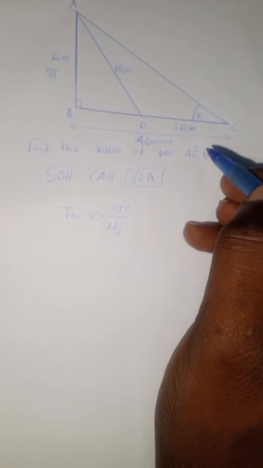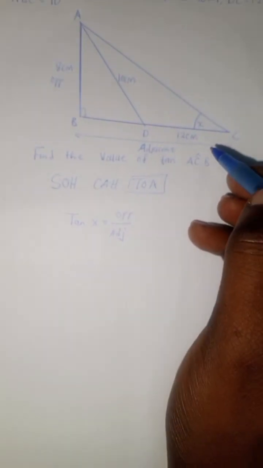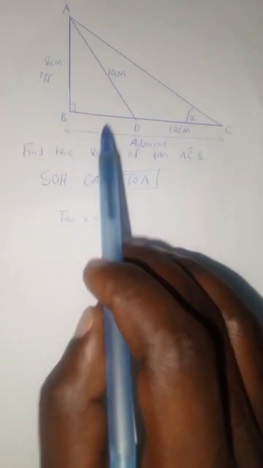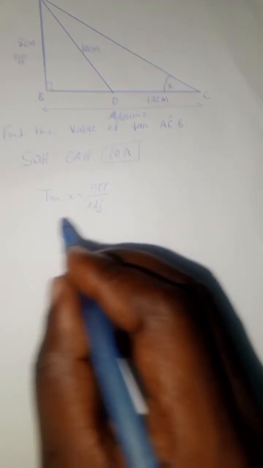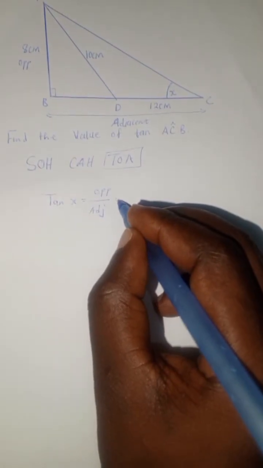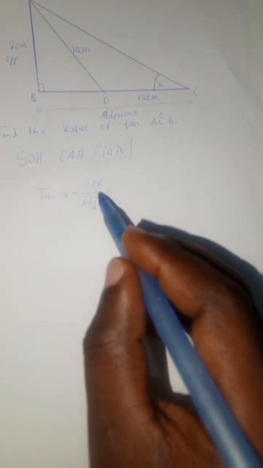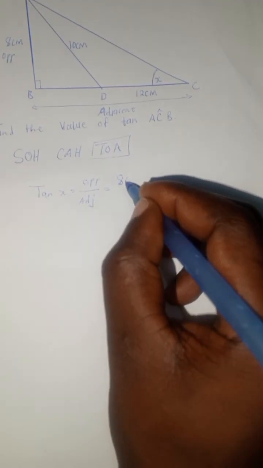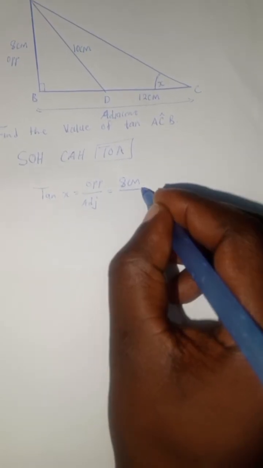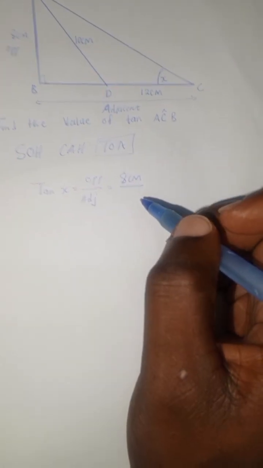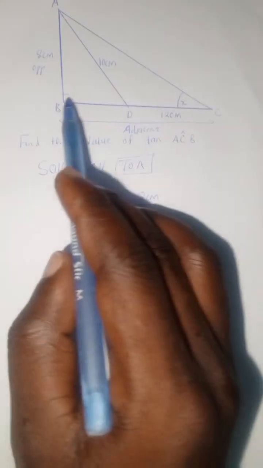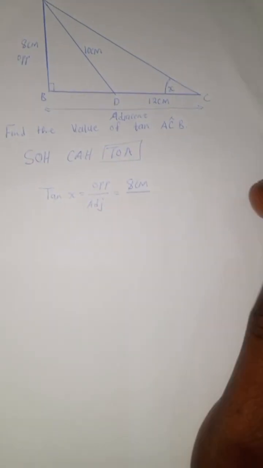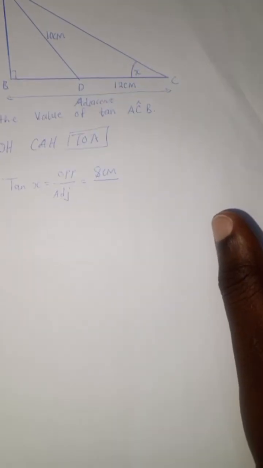Now, once I know what the adjacent is, what next? It's just about getting the values, then we can replace them. So I'll now say tan, the opposite, I have my 8 centimeters there, divided by the adjacent. For the adjacent, B to C, I don't have any length, so I have to calculate this length.